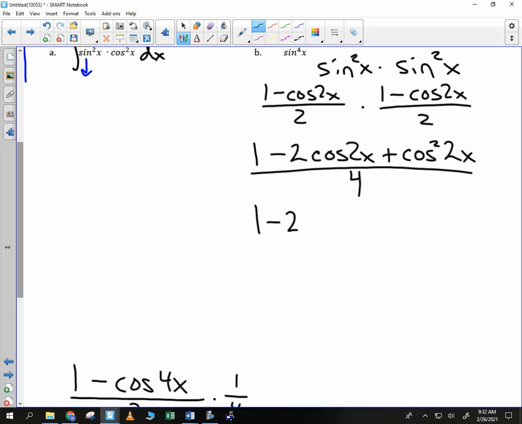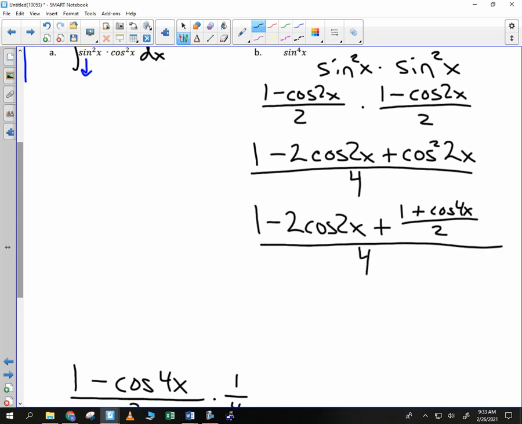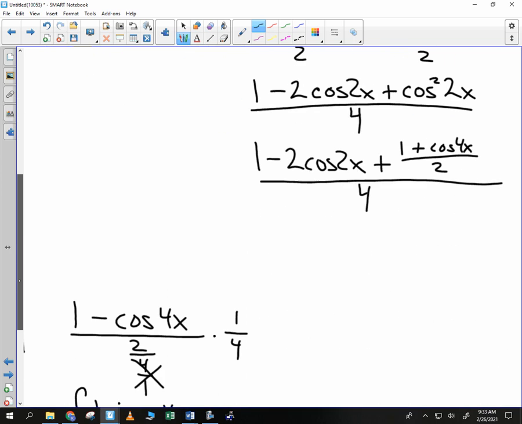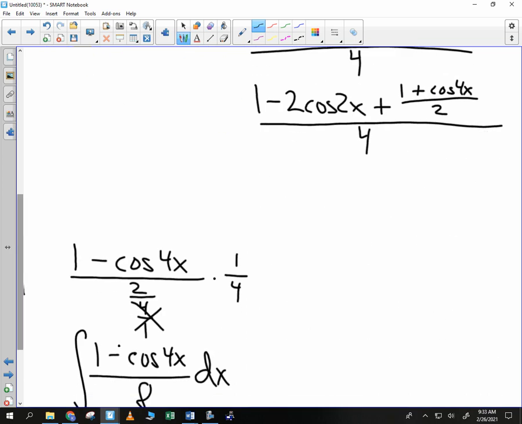1 minus 2 cosine of 2x plus, who could tell me what I put in for my substitution for cosine squared of 2x? One plus cosine of 4x, good, over 2. We made up that one little formula. I showed you how to do it. Now we're all first power, great.